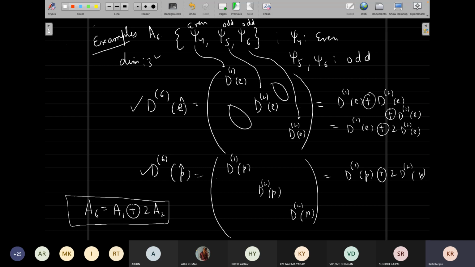Higher dimension or reducible representations can be written as direct sums of irreducible representations. I will invite questions at this point, but I will continue with this concept in the next class also. Questions here, and I will wrap up my class after that.